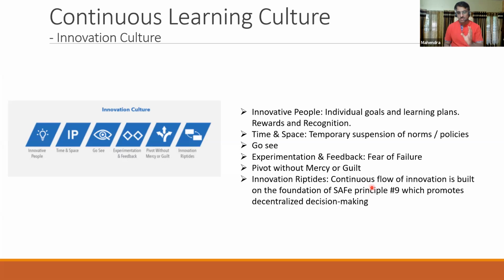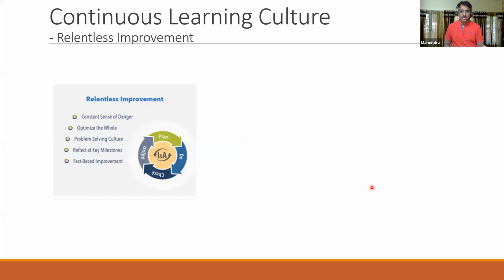When I say team members, the individual scrum teams or at the program level. So centralized, decentralized decision making. And what all decisions should be centralized, what all decisions should be decentralized. There's a certain formula that we apply, and we will not be able to cover it over here. And this is one of the core values also, relentless improvement.